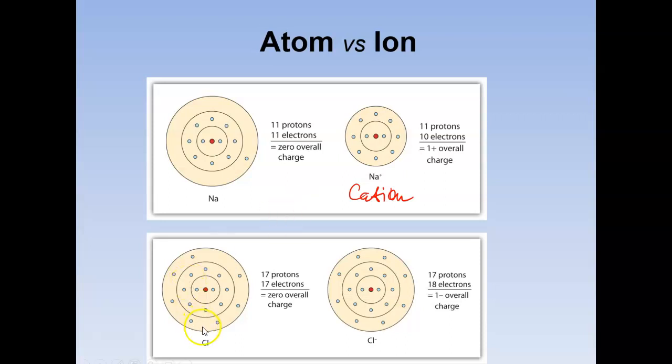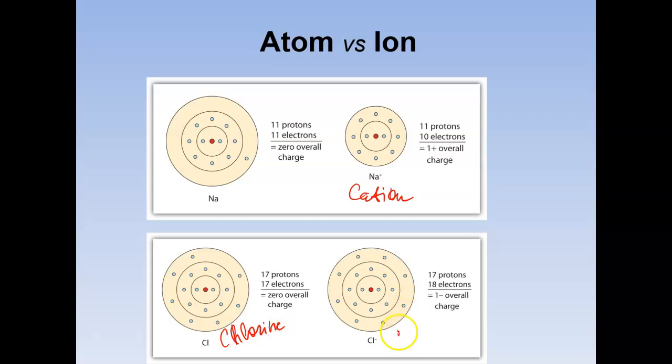And the same with chlorine. When it's an atom, we name it chlorine, and it has no charge, it's neutral. When it becomes an ion, we can see the number of electrons is now more than the number of protons. That's why it's negatively charged.